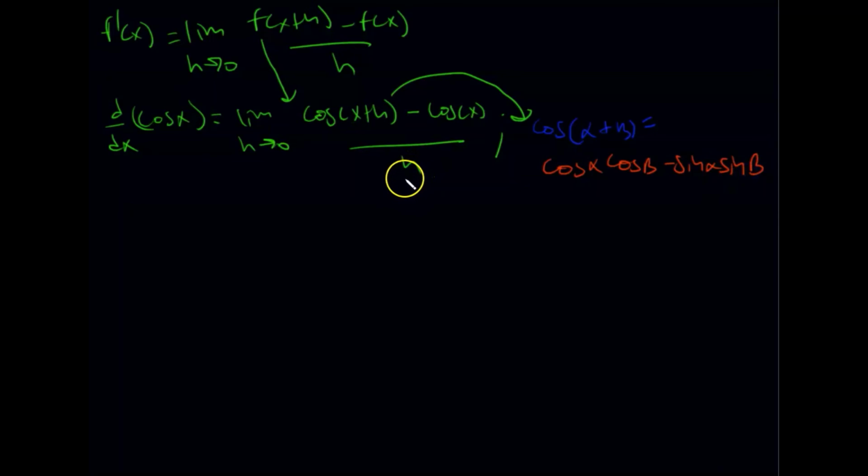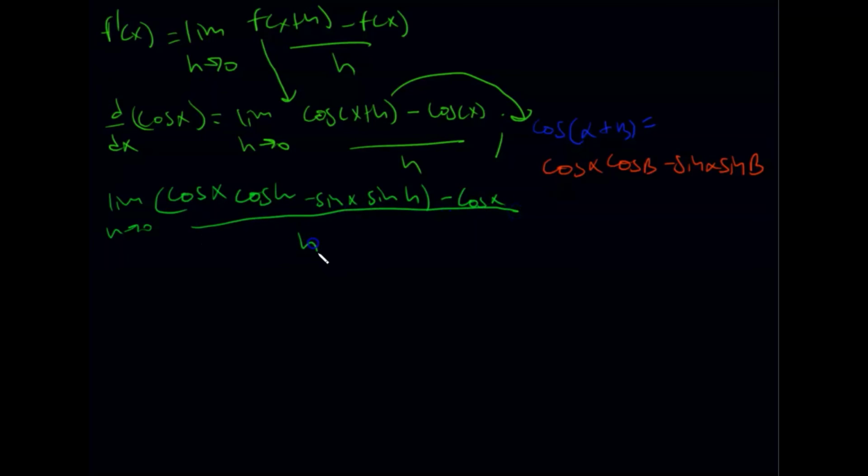If we apply this to our function here, we have that this simplifies to cosine x cosine h, where x and h are in place of alpha and beta. So cosine x cosine h minus sine x sine h. We still have that minus cosine x term. And this is all over h still.